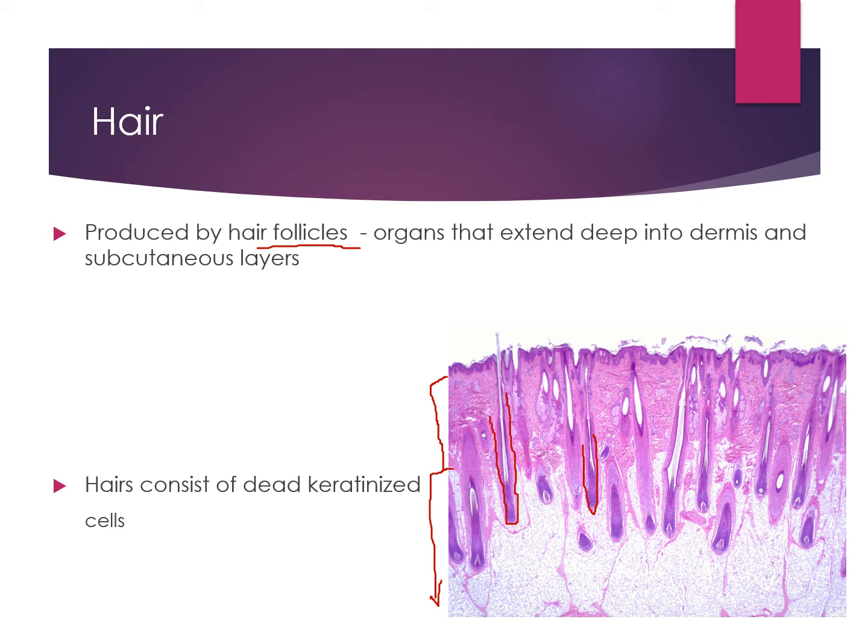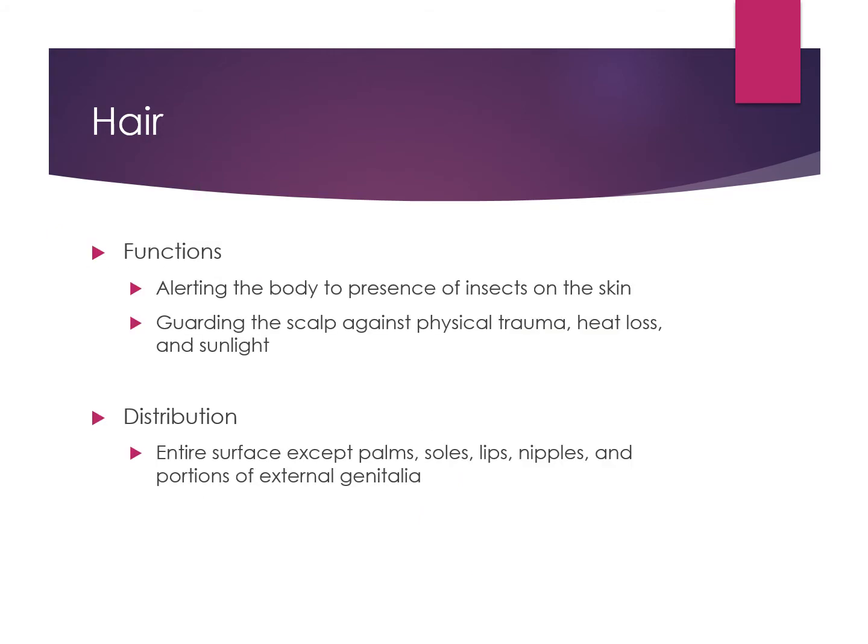Hairs consist of dead keratinized cells. The function of hair is to alert the body to the presence of insects on the skin, or in the case of hair on your scalp, it guards against physical trauma, heat loss, and sunlight. Hairs are located all over your body except for on the palms of your hands, the soles of your feet, your lips, your nipples, and portions of the external genitalia.